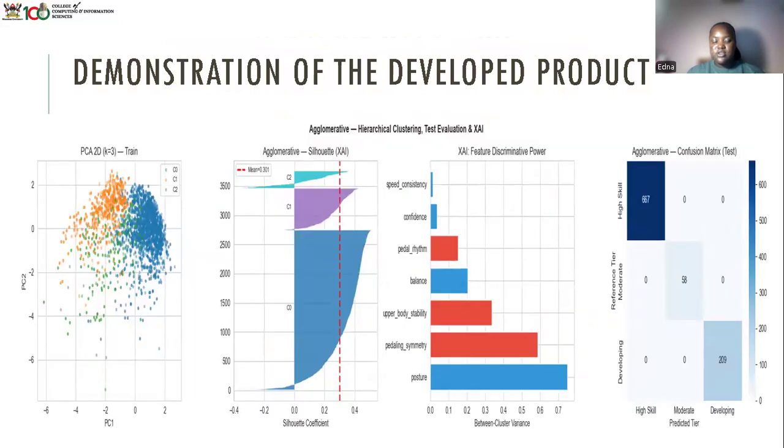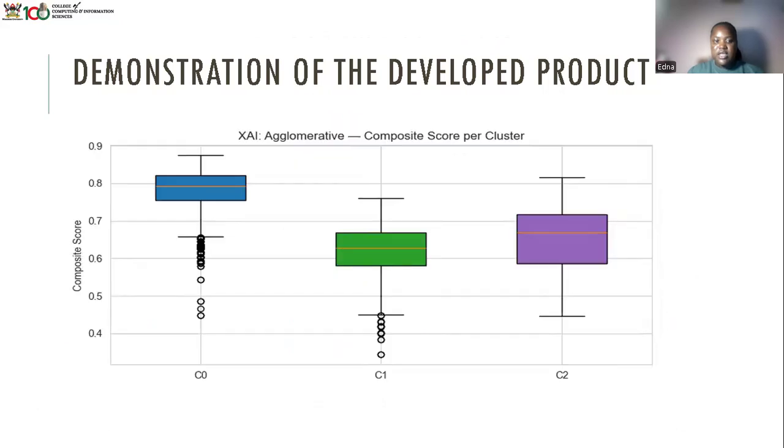Then this slide also shows the explainable AI techniques we've just talked about, whereby we have the between cluster variance here, we have the silhouette plot here, we have the agglomerative explainable technique here, which is the composite score per cluster, which we've also talked about previously in the explainable AI techniques.